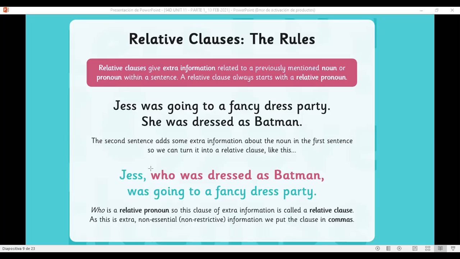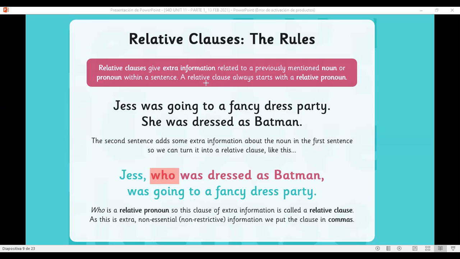Jess, quien estaba vestida de Batman, who, porque estamos hablando de una persona, ¿no es cierto? Jess, quien estaba vestida de Batman, fue a una fiesta elegante. Imagine that. But anyway, we have here the two sentences joined together. Sí, aquí ya tenemos las dos oraciones juntas.